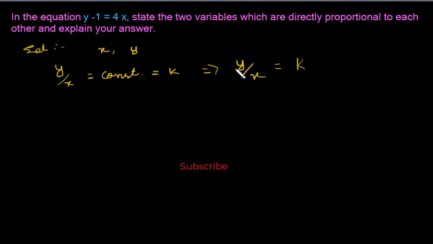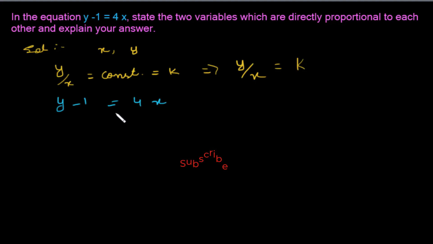Okay, so I have to establish a relationship between the two variables in this given question, that is y minus 1 is equal to 4 times x. All I need is to isolate a constant on one side of equality.